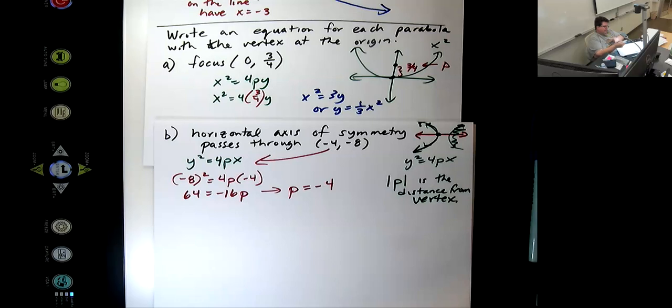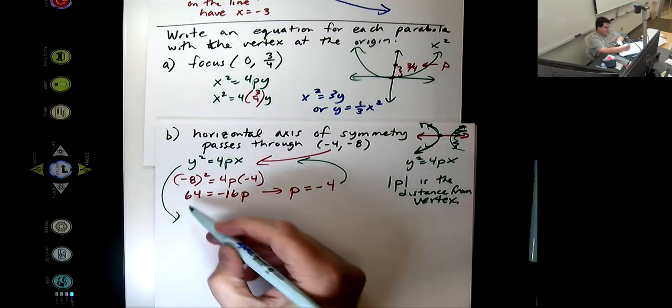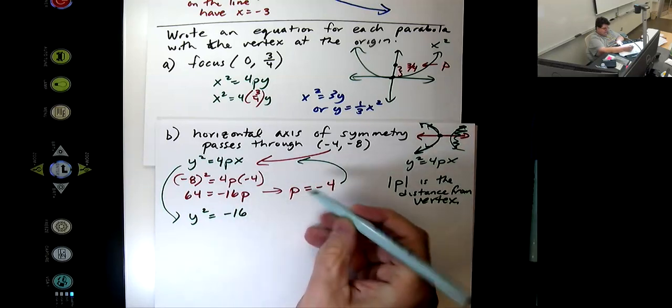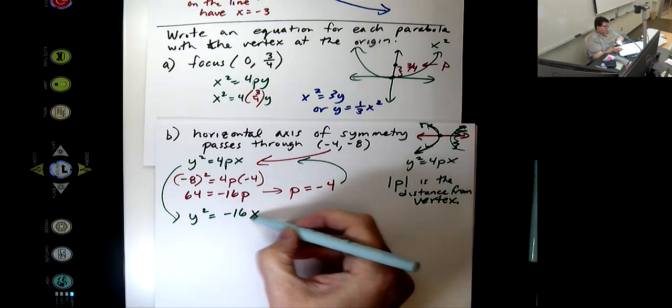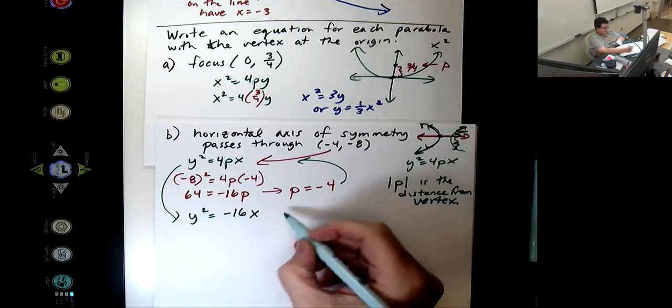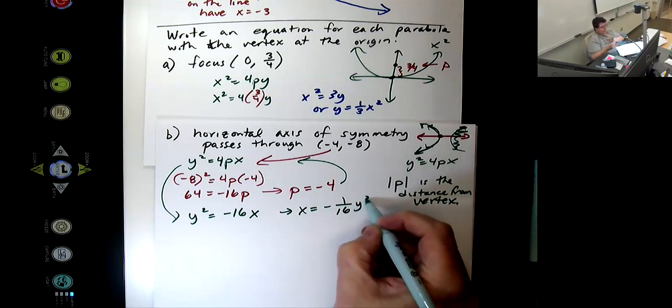So I've got p equals -4. I'm gonna plug it in, and I get y squared equals -16x. Or alternatively, x equals -1/16 y squared.